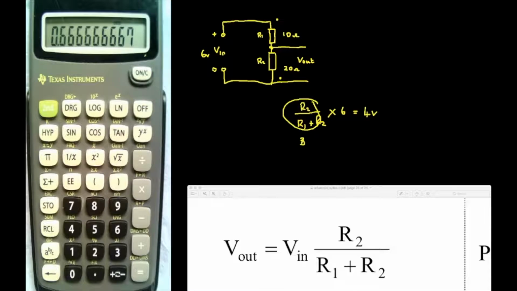That's now 0.6666, which you can see on your screen here. And now we need to multiply that by V in. So times 6 equals 4.